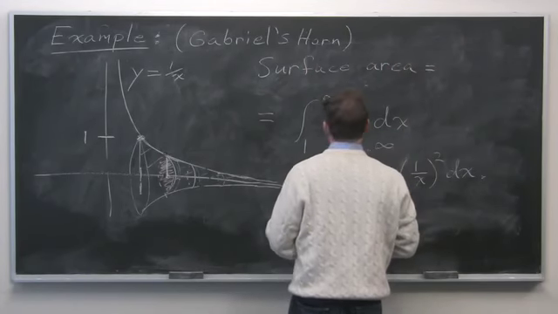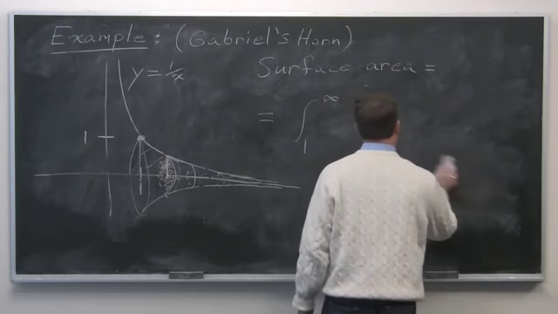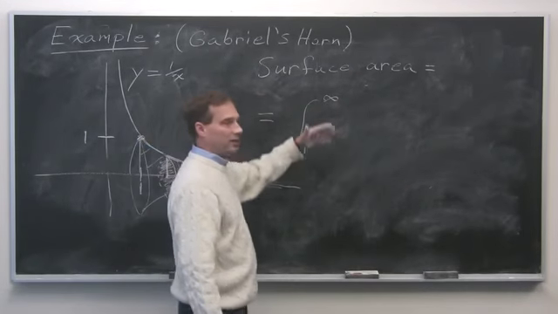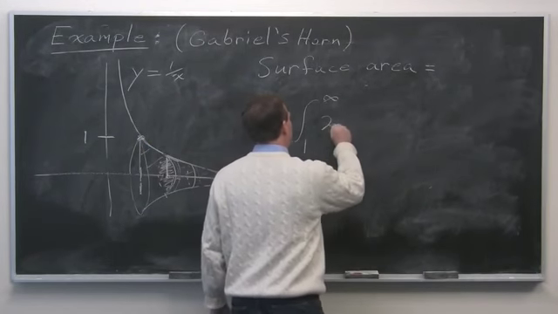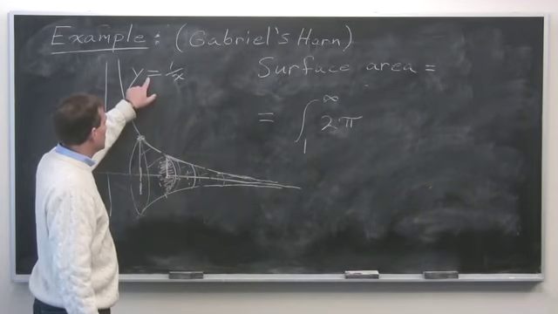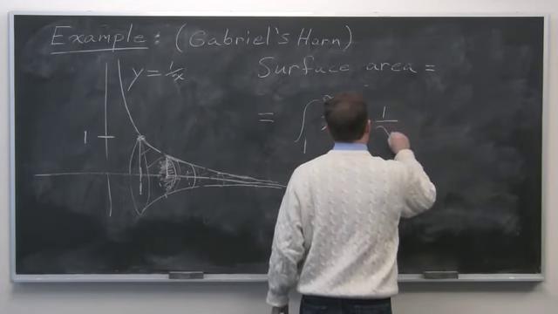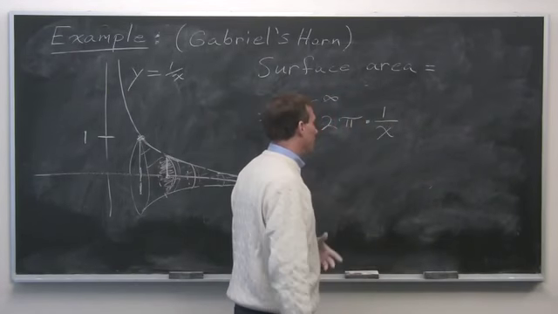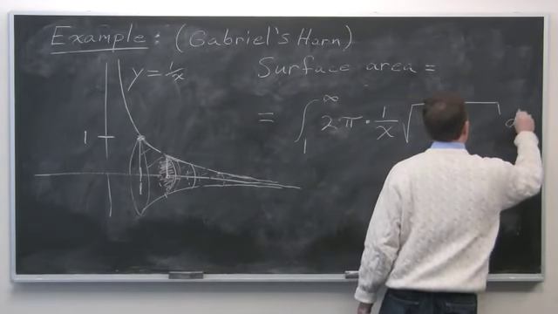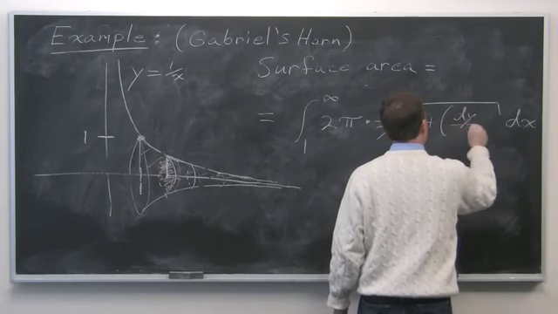To calculate the surface area, you still have x go from 1 to infinity, and then it's 2 pi times the radius. The radius hasn't changed. It's still the y-coordinate on the curve, 1 over x. 2 pi times the radius times ds, a little chunk of arc length, which would be the square root of 1 plus dy dx squared, since we're given y in terms of x.